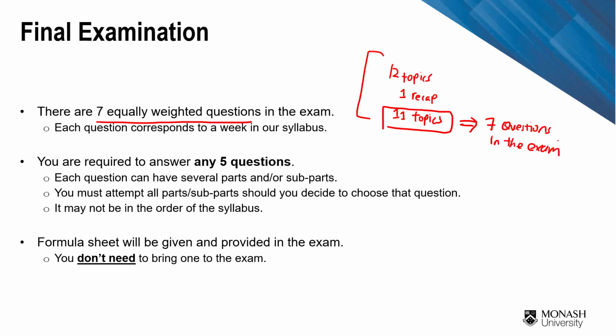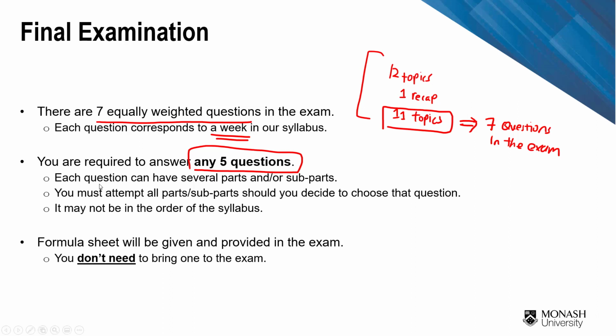Each question corresponds to a week. Out of the 11 weeks, we choose a random 7 weeks, and you are only required to answer any 5 questions. I repeat, you are only required to answer any 5 questions, any 5 that you are comfortable with.